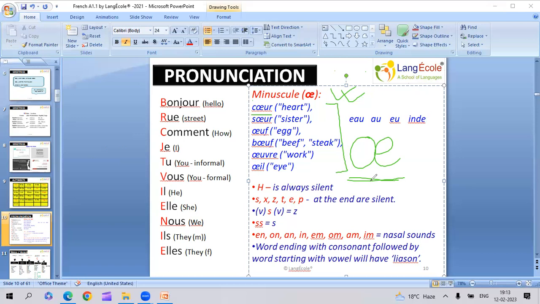You can practice it by writing a couple of times. Most very useful words. Maybe a few more you will find in your entire life when you learn French. I have not found more than 7, 8, 10 words with this. So let's pronounce these words now with this character.